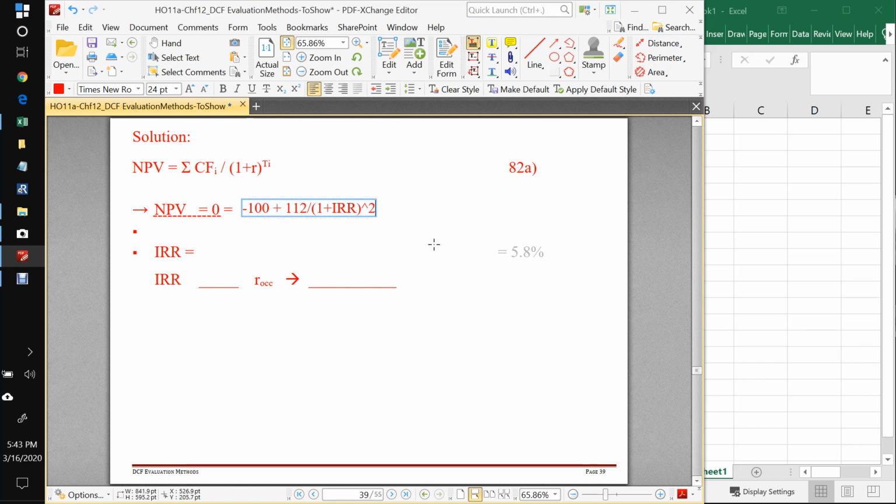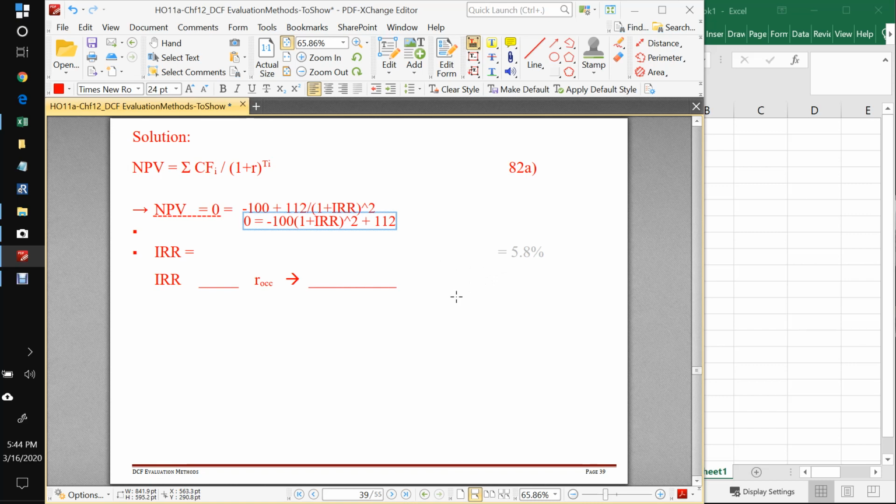Now we have something a little less trivial in this case. If we do the algebra on that, we have 0 equal to minus 100 times 1 plus IRR raised to the 2, plus 112.